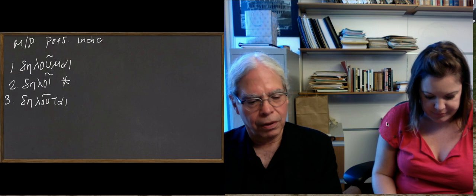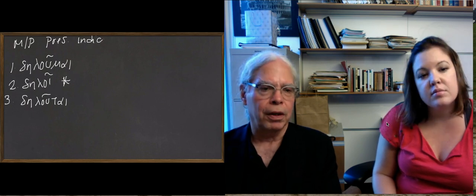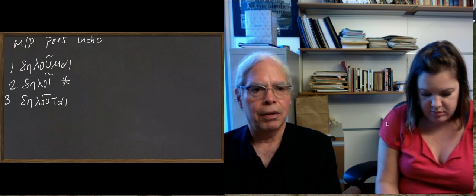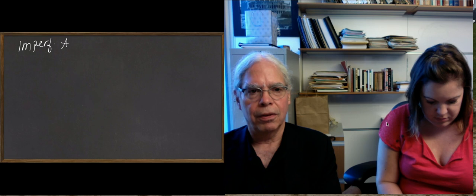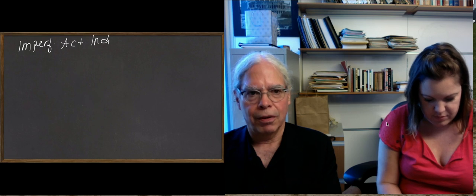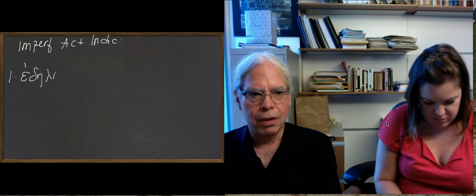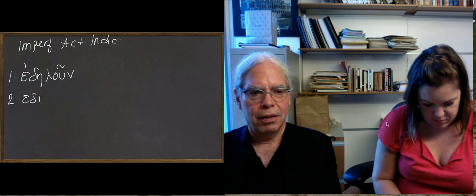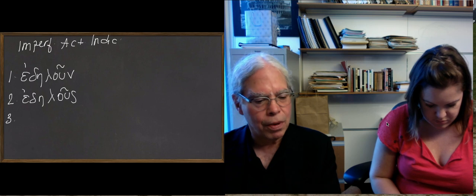In terms of the imperfect indicative I wanted us to look at, the imperfect active indicative has your augment. So it's edeloun, O-U-N with a circumflex, edeloues, and edeloue.